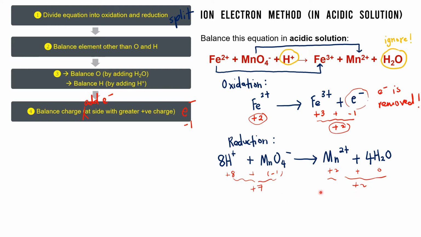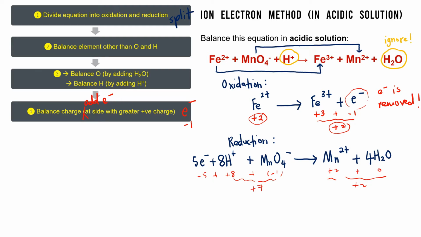So how to balance the charge? Maka we have to add electron. Sebelah mana? Di sebelah yang having greater positive charge. Nak tambah banyak mana elektron? Tambah sehingga jumlah charge di sebelah kiri ini akan bersamaan dengan plus 2. So in this case, kita akan tambah sebanyak 5 electron. By adding 5 electrons, charge here will be negative 5, tambah dengan 8 and then tolak dengan 1.